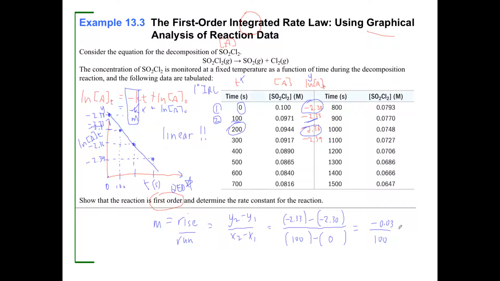Over 100, wow, okay. So this looks like it's minus 3 times 10 to the minus 4. That's what K is. Minus 3 times 10 to the minus 4, okay? Looking here at my notes, minus 3 times 10 to the minus 4.